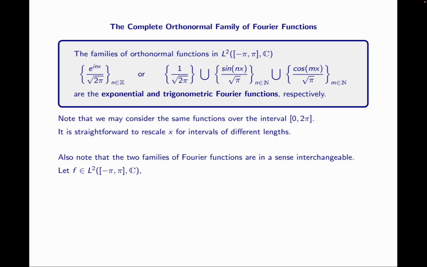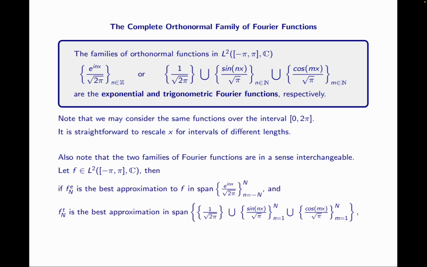If f is an L2 function, then let f_e be the best approximation to f in the span of this family truncated at some capital N. Now, because n is an integer, we have to truncate both sides, from negative capital N to capital N. And let f_t be the best approximation in the span of these vectors truncated at a capital N. So we have the normalized constant, our sine of nx functions from n equals 1 to N, and our cosine of mx functions from m equals 1 to N.